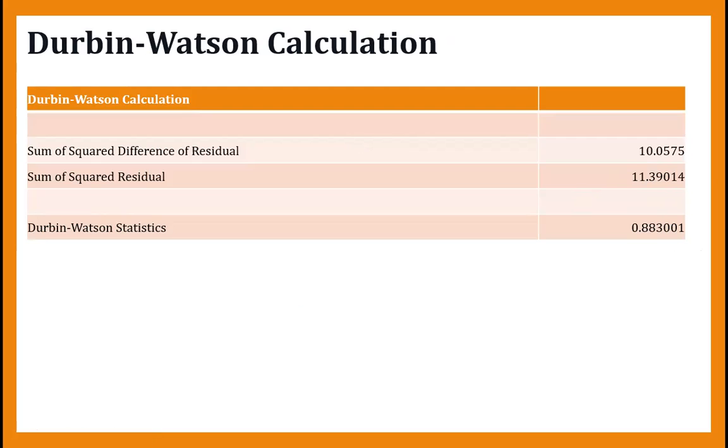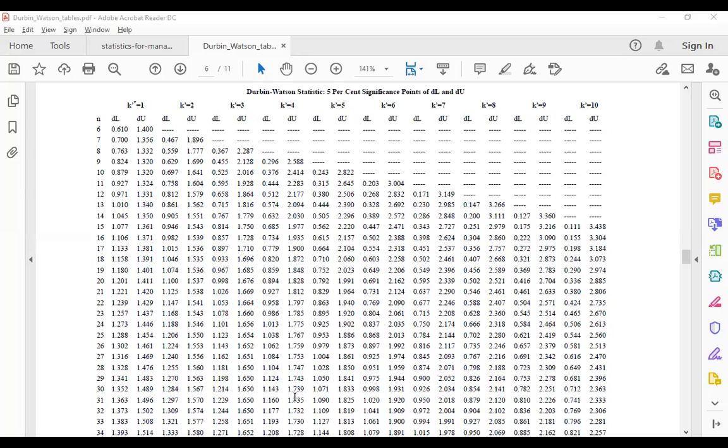The first thing is to determine whether the correlation is large enough to conclude that there is a significant positive correlation. After computing D, we need to compare it with the critical values of the Durbin-Watson statistic present in the Durbin-Watson table.